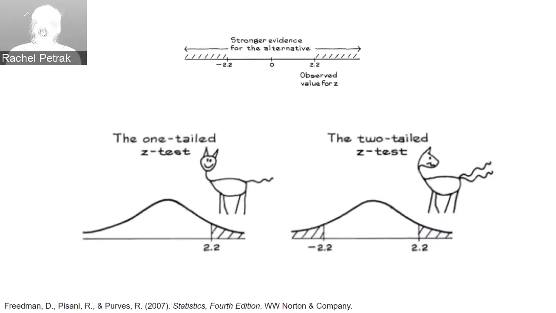Here the probability is actually a little bit less than 5%, but we're just looking at all of our p-value, so I'm going to call it approximately 5%. It's all in one area on this side of the distribution.